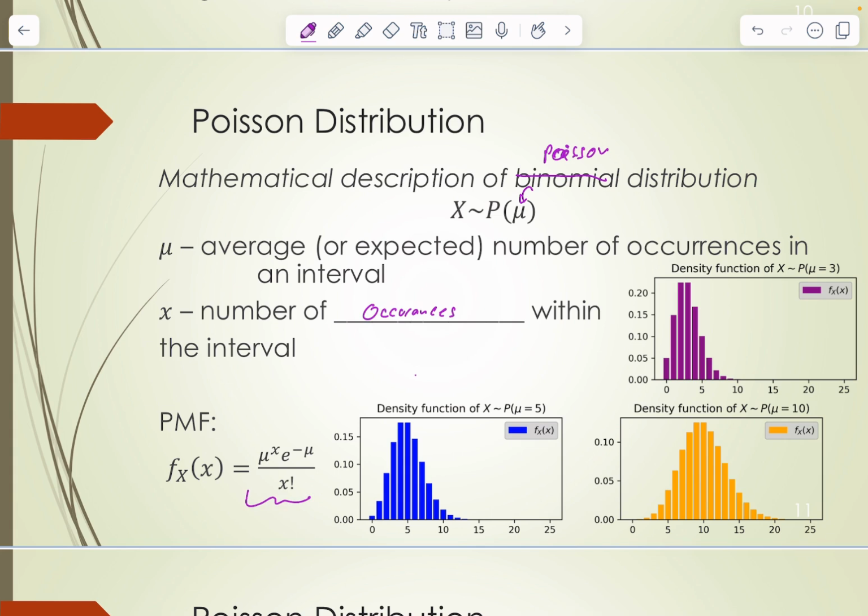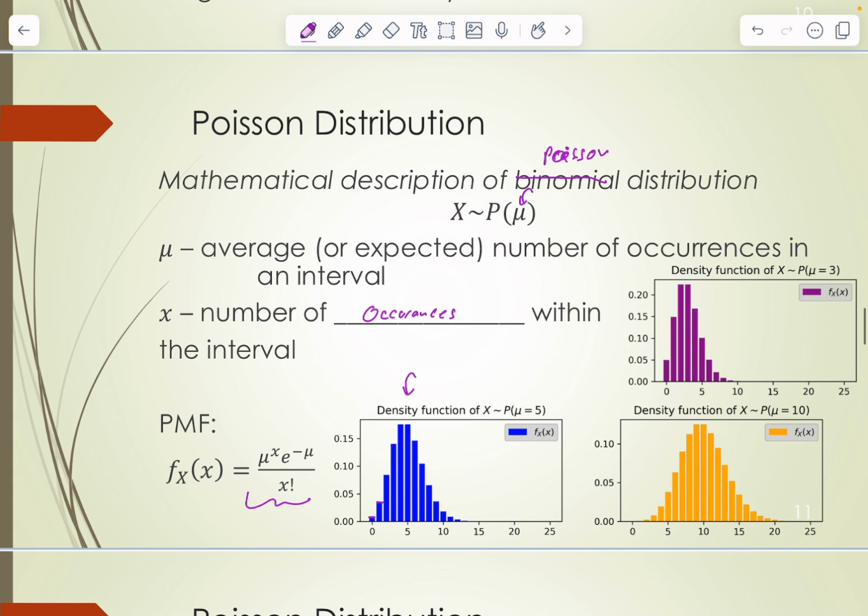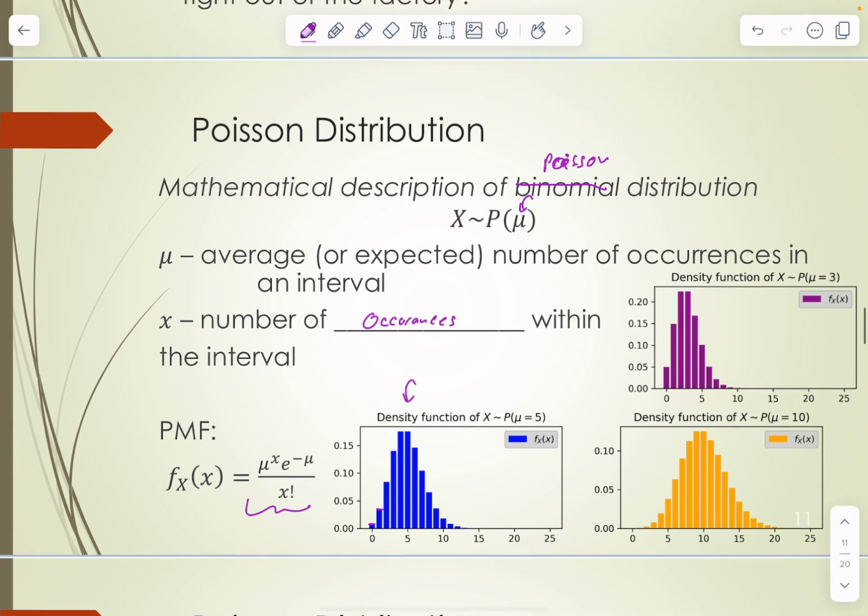Here are three plots. When the average occurrence is 5 times per interval, 5 times per day, 5 times per year, these give you the probability of there being a day or a year with only a given number of occurrences. The probability of there being 2 occurrences when 5 are expected is 7%. There's a 7% chance of that.